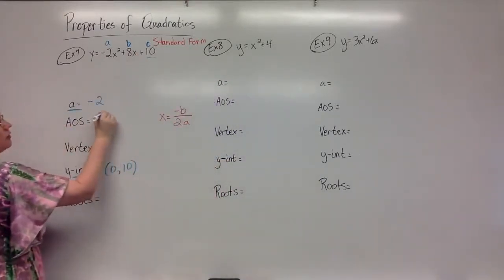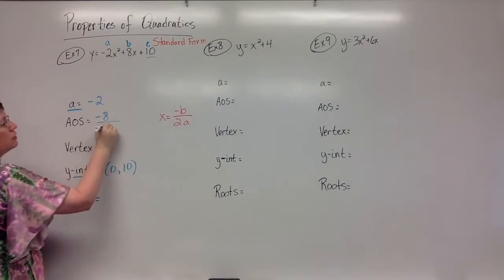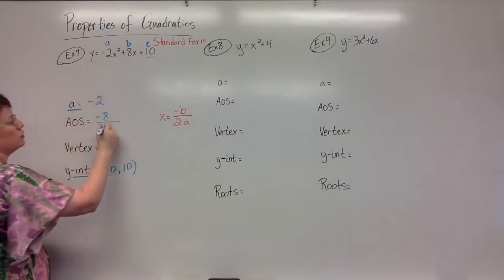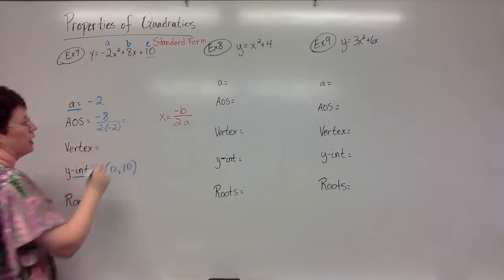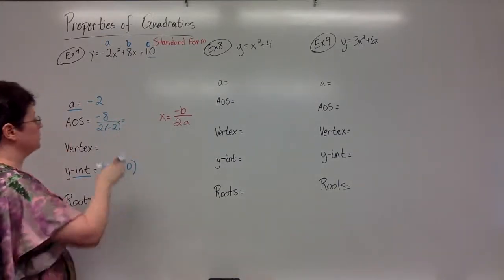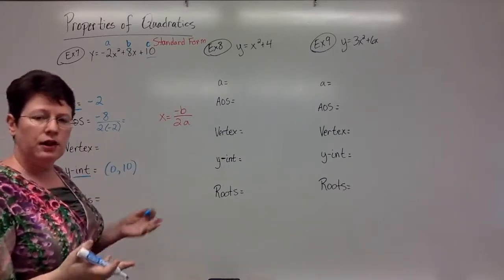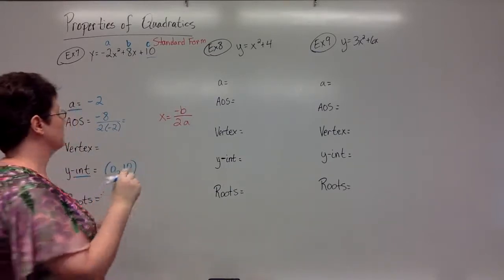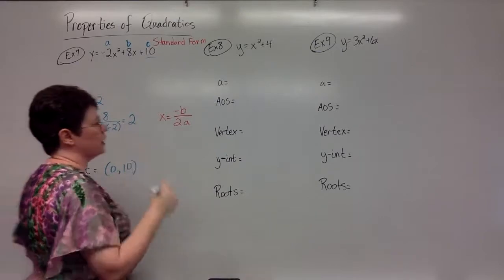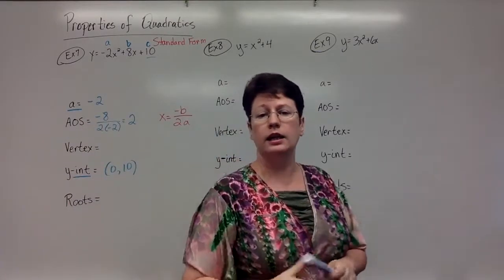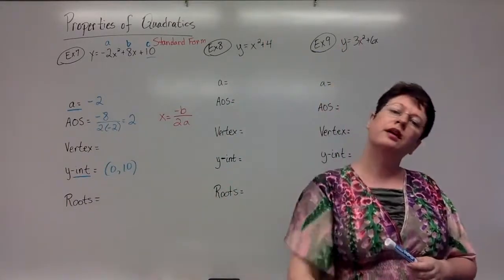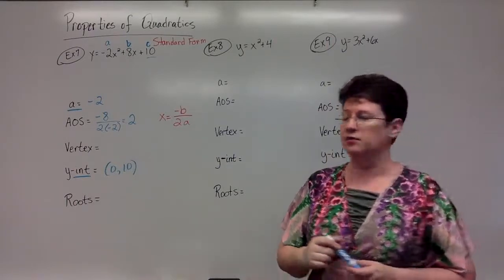So I'm going to take negative 8 divided by 2 times a, which is negative 2. Okay, let's simplify that. So negative 8, and this is negative 4. So what's negative 8 divided by negative 4? Positive 2. So my axis of symmetry is a line at x equals 2. That is cutting my parabola in half.